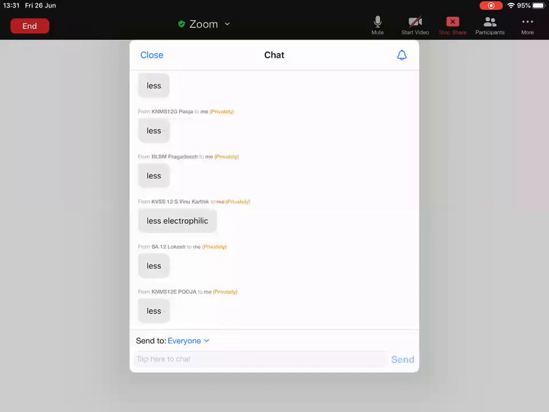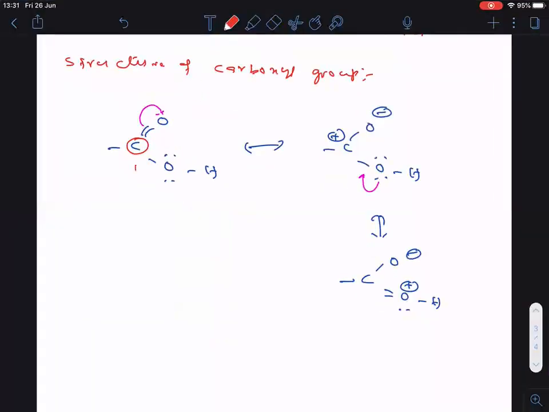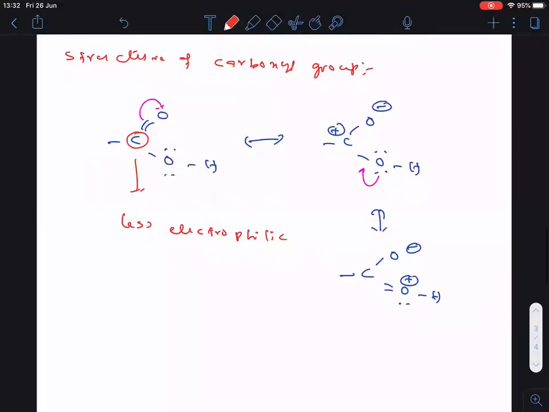This is the main difference between aldehydes and ketones. Followed. So here, I am writing, this carbon is less electrophilic. Completed, everyone?